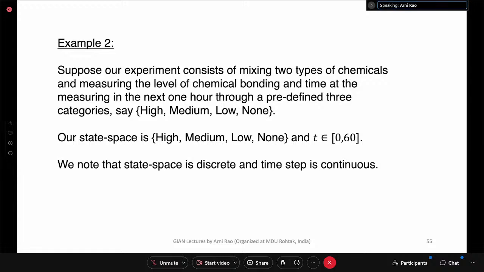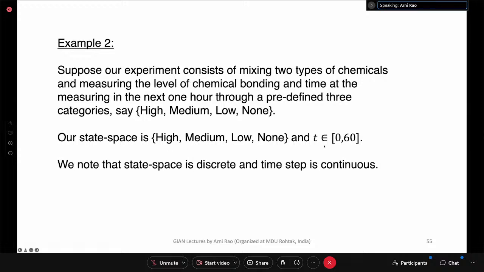Time is continuous. So these kinds of experiments are called stochastic models with discrete space and continuous time. So the time step is continuous, which means you can stop the experiment and see at any time during the experiment. That's called continuous time, and discrete space.